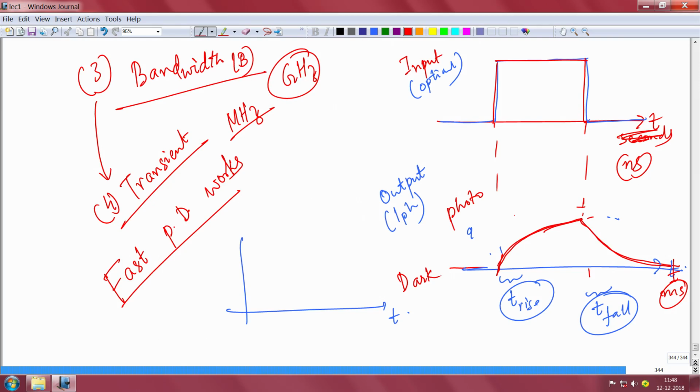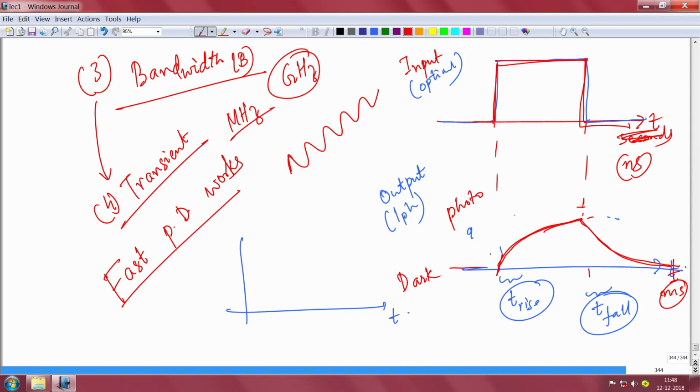So the bandwidth is basically up to what frequency of modulation of this signal. You see, the input optical signal can be modulated at some frequency. Please remember, this is not the frequency of the light. Light is infrared or red or violet, whatever, that is like thousands of terahertz probably. That is not the frequency of light I'm talking about.